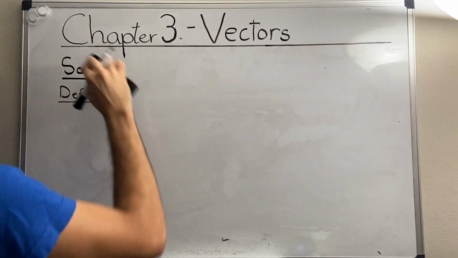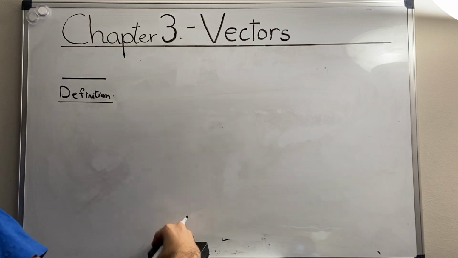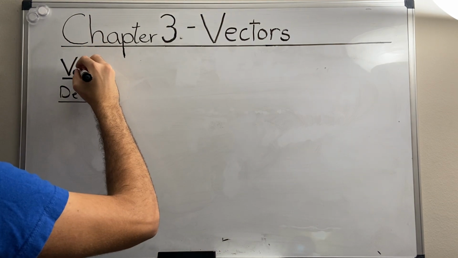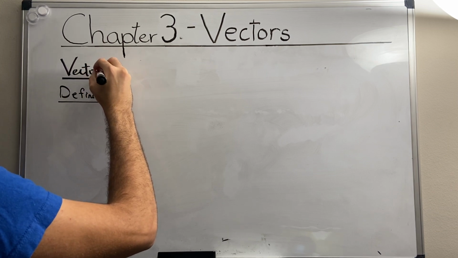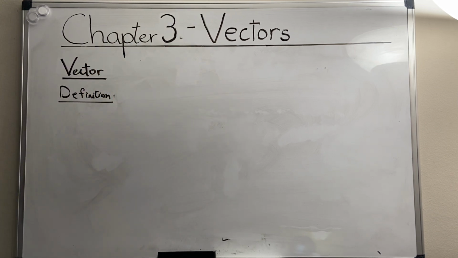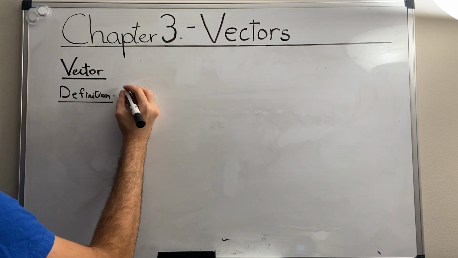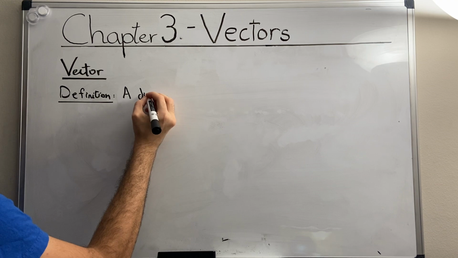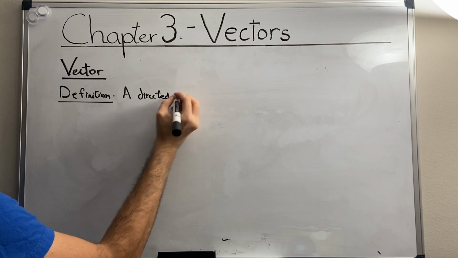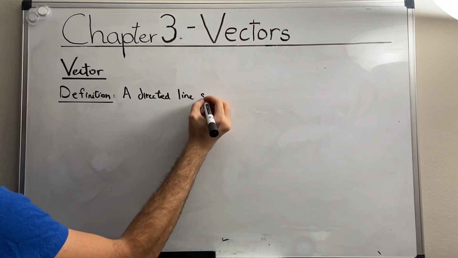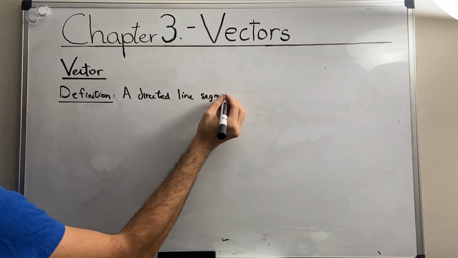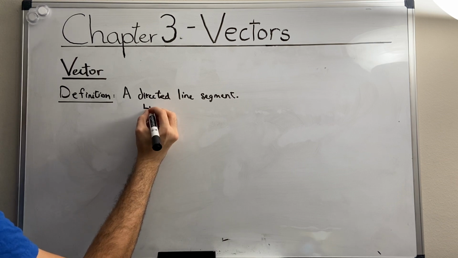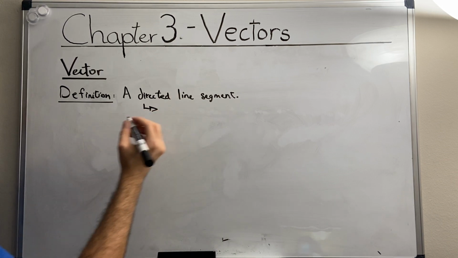Erase that. We're going to write vectors. A vector is a directed line segment. And we're going to add a few arrows here just to give some extra details.